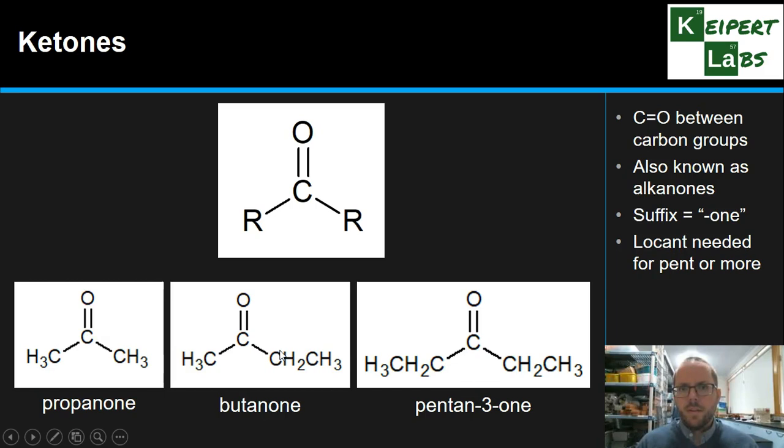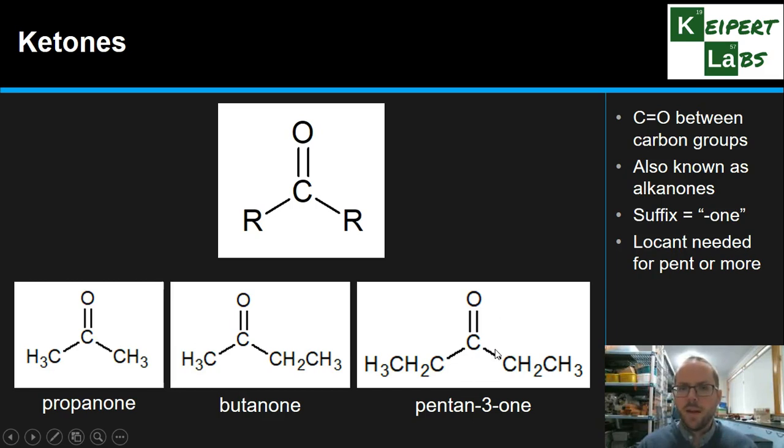But remember that locants are needed where we get two different possibilities. If we move the carbonyl group over one, it's the same compound just flipped around, so it's not actually any different. There's no difference between butan-2-one and butan-2-one, so the 2 is not necessary. If it was on the end, it wouldn't be a ketone anymore, so we don't need locants there.